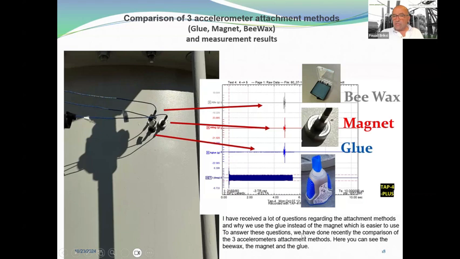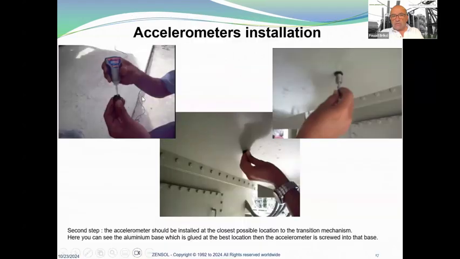To answer these questions, we recently did a comparison of the three accelerometer attachment methods. Here you can see the beeswax on top, the magnet on the right, and the glue. For the beeswax and the glue, you are obliged to use the tap base I have shown.